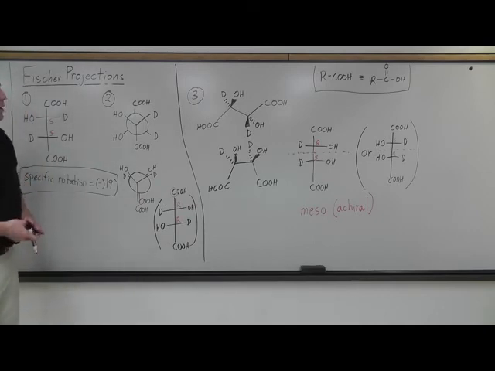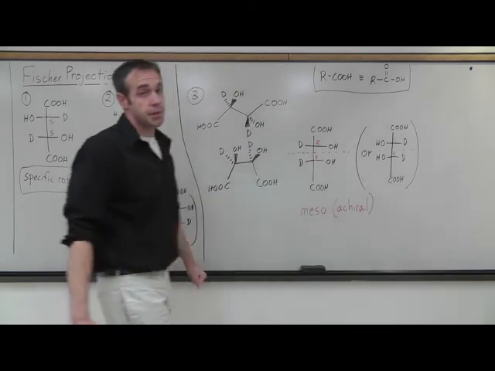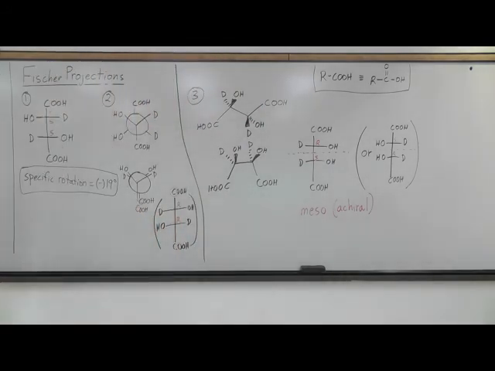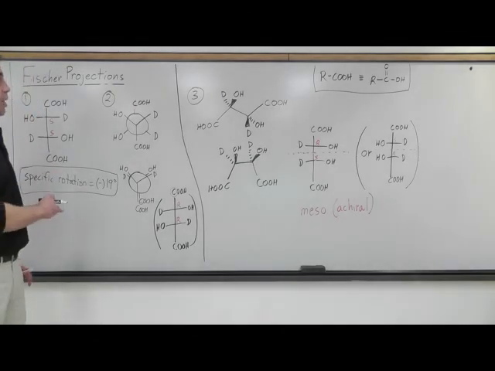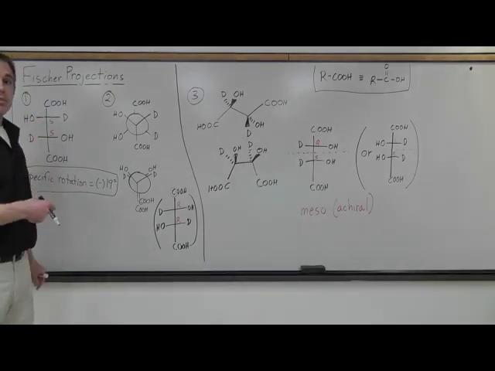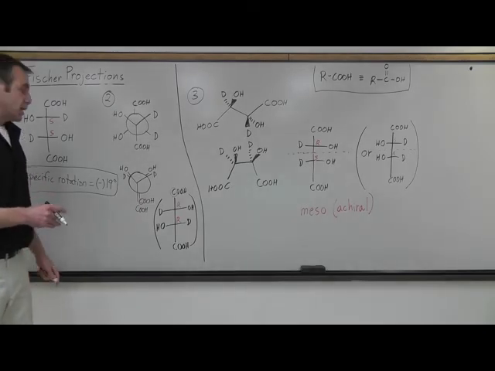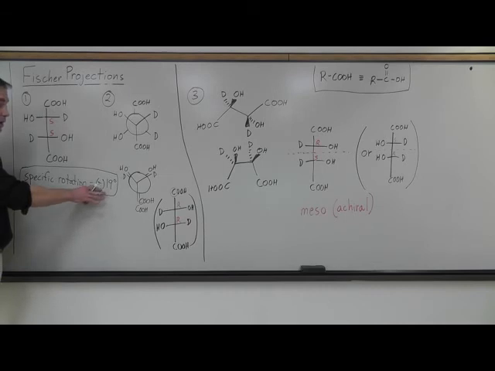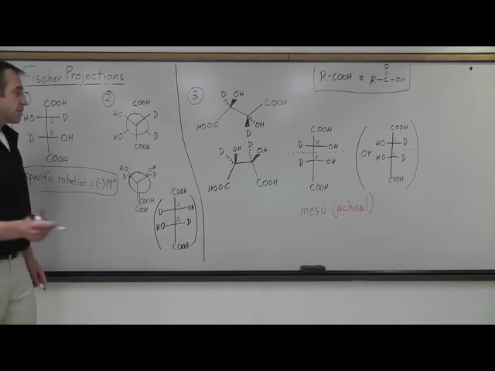Well, what does that mean then would be the specific rotation of molecule number 2? And what does that mean would be the specific rotation of molecule number 3? Well, molecule number 2, if it's its enantiomer, will have identical properties to this molecule, except when it comes to rotating light, instead of rotating it in the counterclockwise or negative direction, it rotates it in the positive direction at the same exact magnitude.